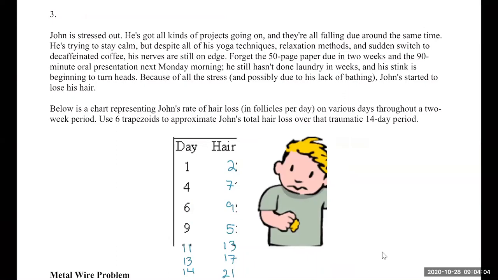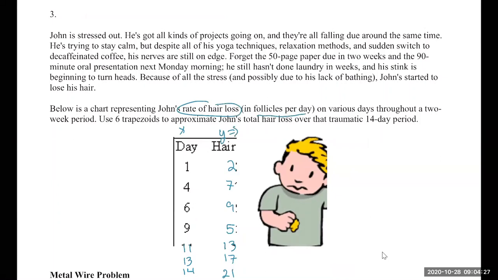Okay, so an interesting problem here, and it's going to lead us into the next idea, is the idea that an integral represents an accumulation of a function. In this case, they're giving you the day, these are your x values, and your y represents a rate of change. The rate of change is hair loss in follicles per day.